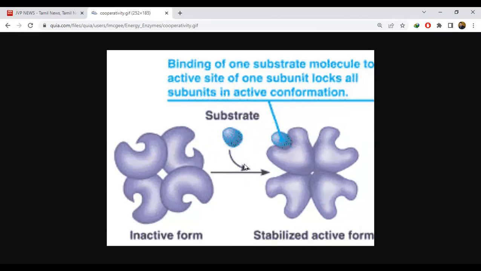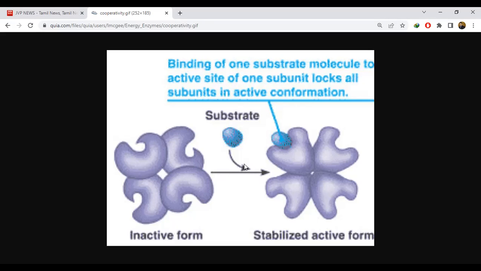When one subunit comes to the stabilized form, then automatically it gives the signal to the other subunits to stay stabilized. All will become stabilized. Understood?